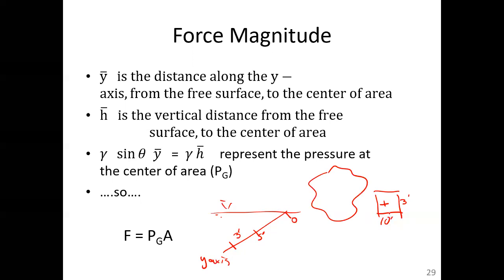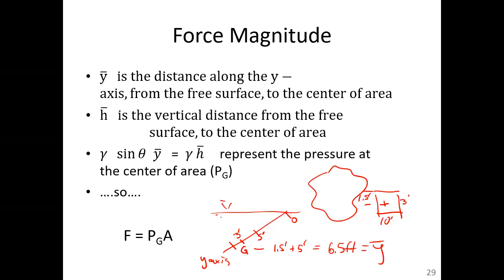What's the distance along the y-axis to the center of area of that 3 foot by 10 foot gate? Well, you know that for a rectangle, the center of area is half of that 3 foot distance from the top down to the center of area, right? So you would have the center of area, and it would be 1.5 feet plus the 5 feet of submergence to the top of the object. That's 6.5 feet. That's y bar. That's not that difficult, is it?